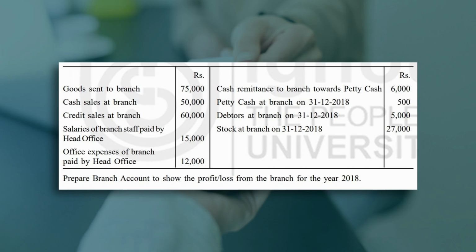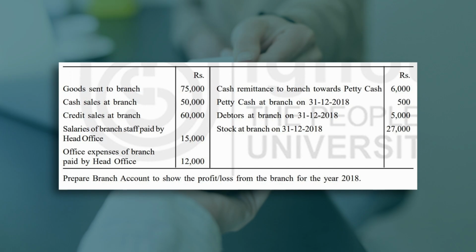This is the amount of 6,000 which was remitted by the head office to the branch in order to meet the routine, small expenses. Petty cash at branch, the closing balance, is 500. The closing balance of debtors is 5,000, and the closing balance of stock is 27,000.